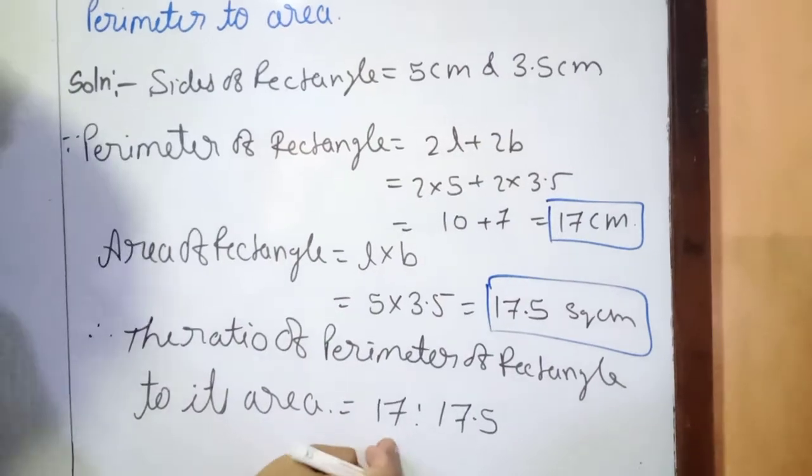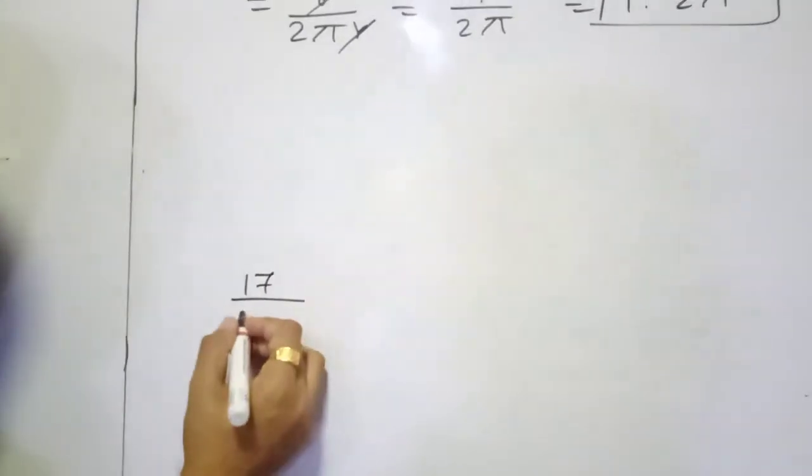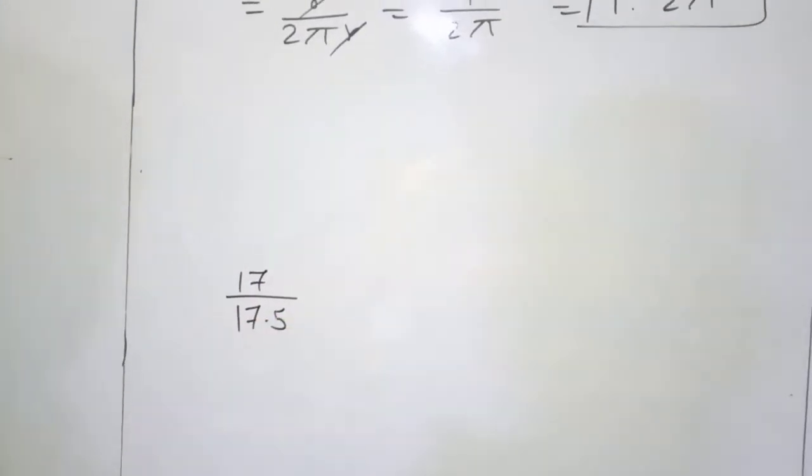So we got that 17 is to 17.5. Now we have to write it in the numerator and denominator form, 17 upon 17.5.